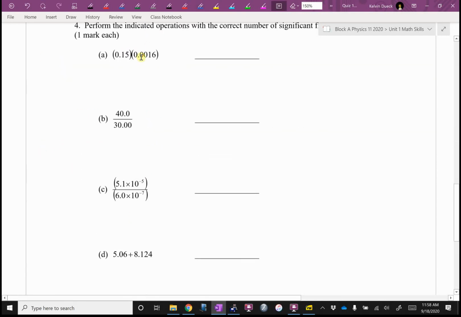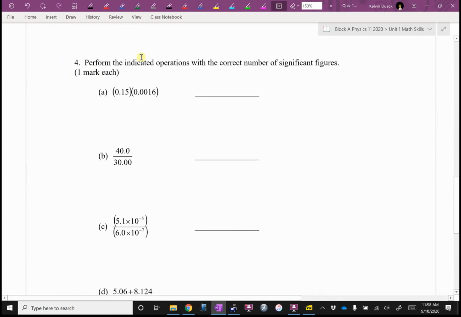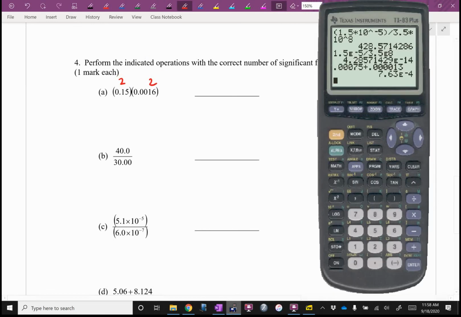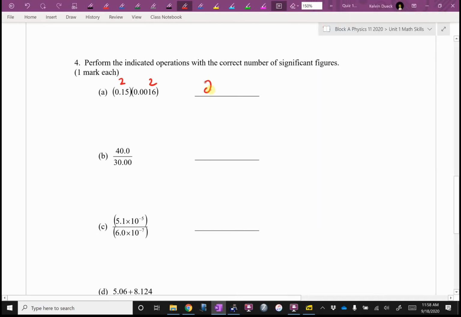Turn the page. 2 sig figs, 2 sig figs. Final answer is going to be the 2 sig figs. My calculator happened to give me an answer in scientific notation to 2 sig figs, so I'm going to be lazy and just go 2.4 times 10 to the negative 4, or you could have gone 0.00024.